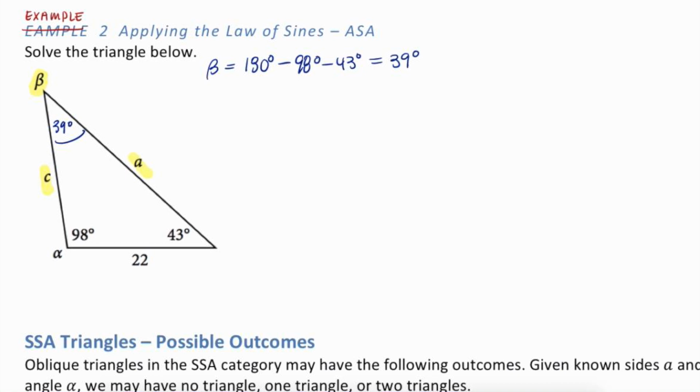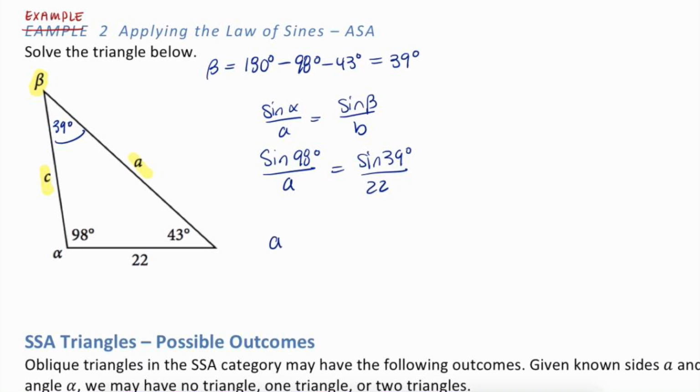Now let's solve for A. We know that sine of alpha over A equals sine of beta over B. So sine of 98 degrees over A equals sine of 39 degrees over 22. So A equals 22 times sine of 98 degrees divided by sine of 39 degrees.